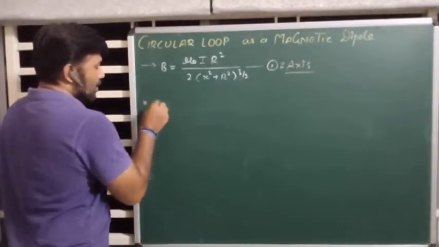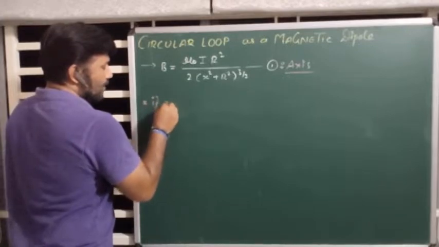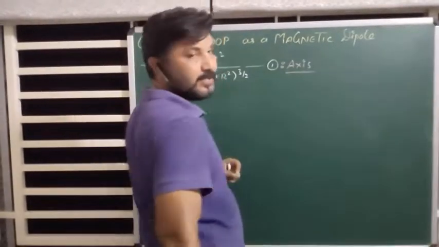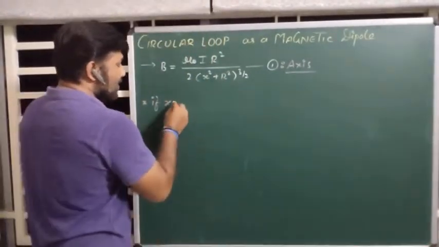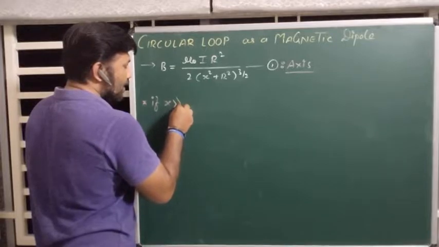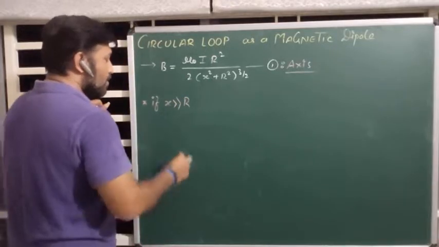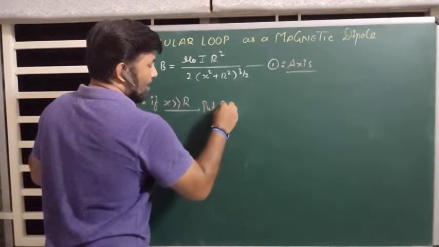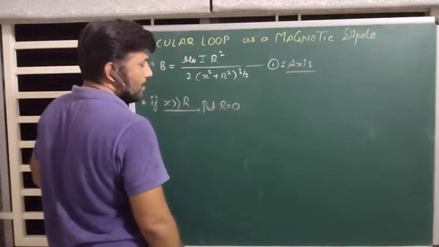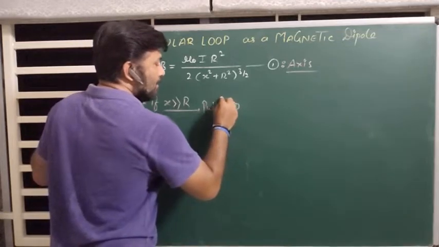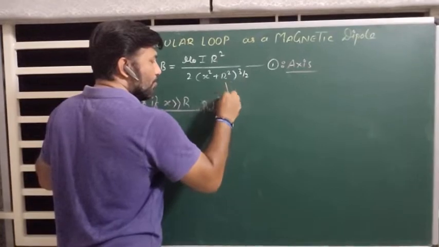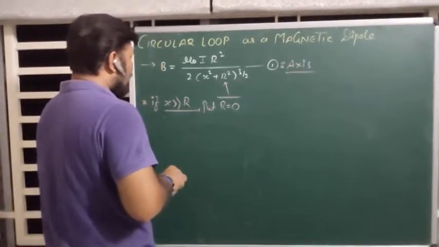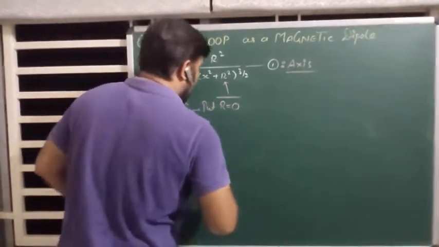If the point P is very far from the circular loop, that is, if x is very much greater than R, then in this situation put R equal to 0 in that bracket term. Then we get the equation of B like this.